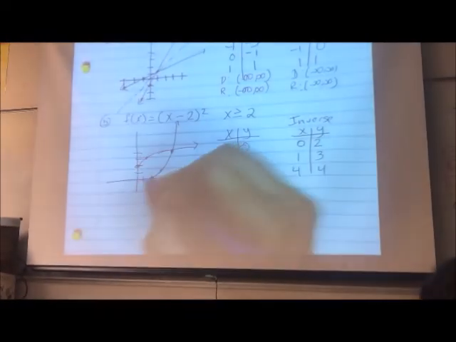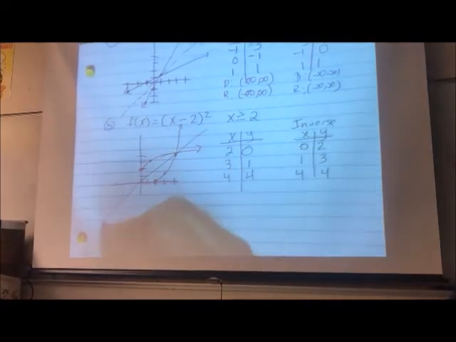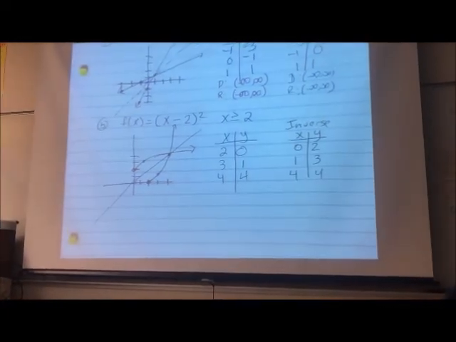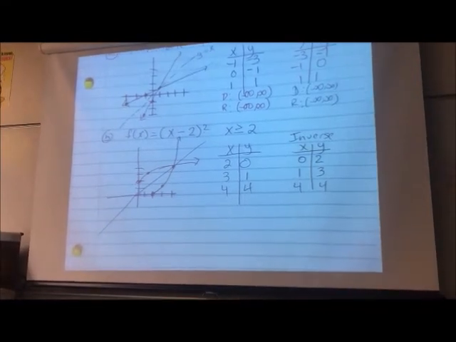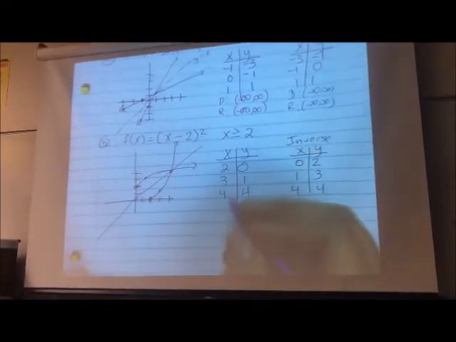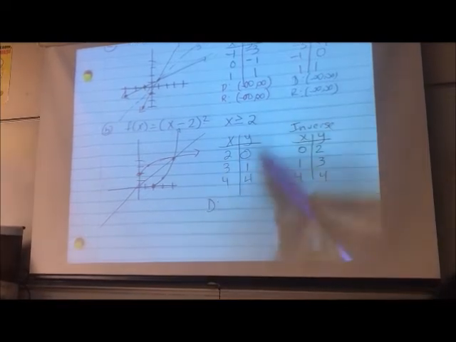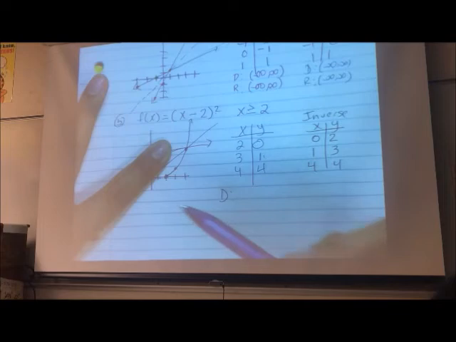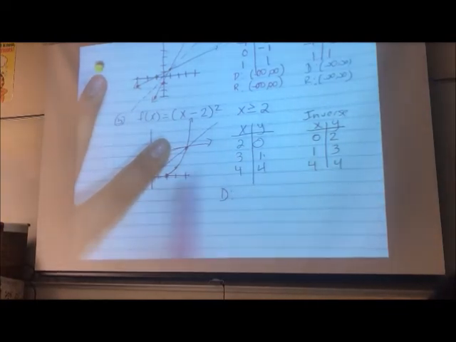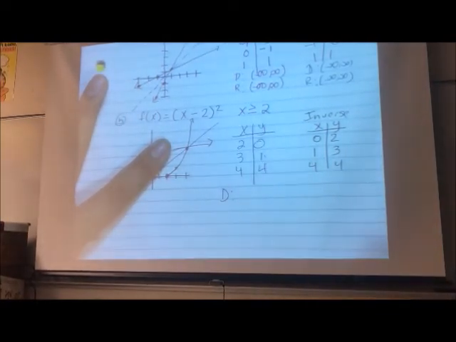Is this reflecting over this line? It sure is. The only thing I need you to be careful with on this one is my domain and range. So my domain for this problem, which is this graph, where does my x start because of the limitation it gives me?